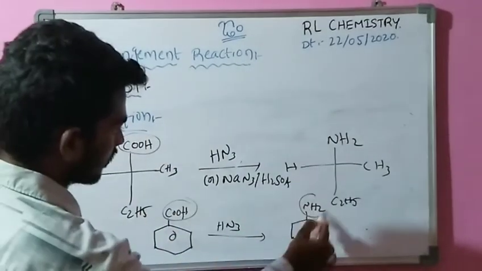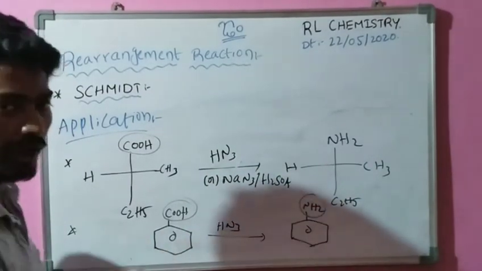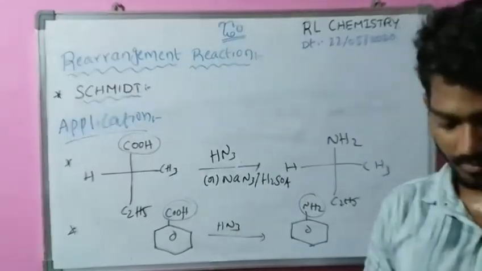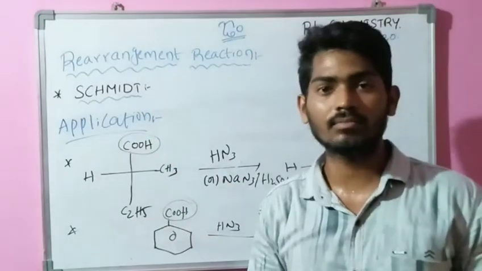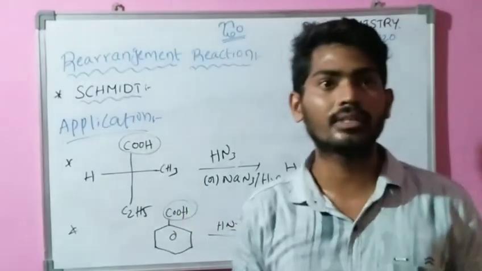Carboxylic acid group forms amine. Acids are converted to amines in the presence of hydrazoic acid or sodium azide or sulfuric acid. These are a few applications of the Schmidt rearrangement reaction. I hope you can understand this rearrangement reaction, the Schmidt rearrangement reaction.